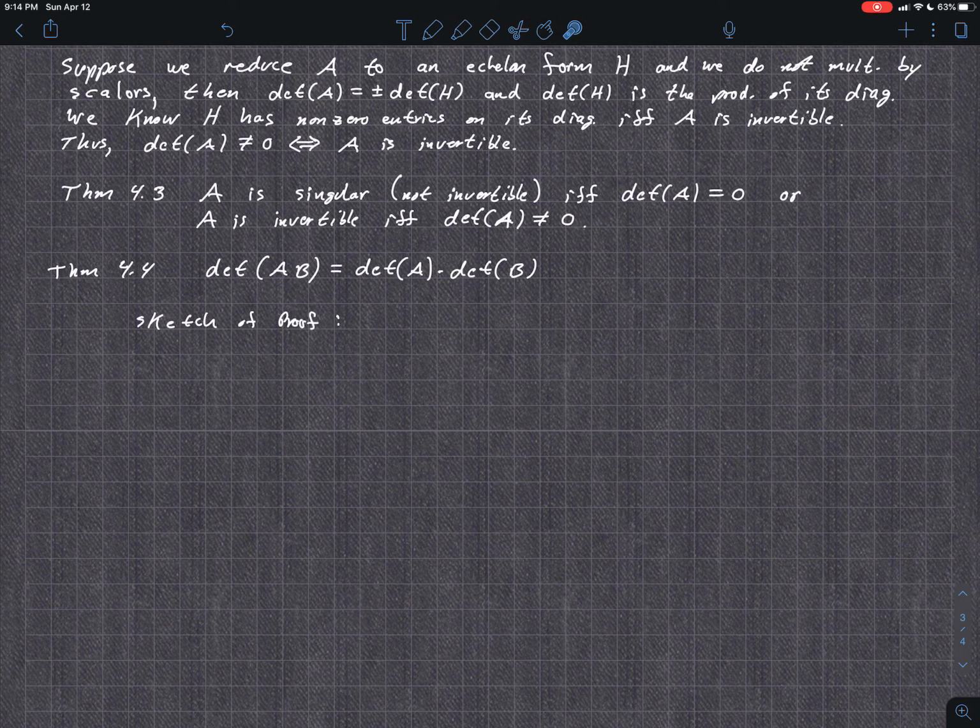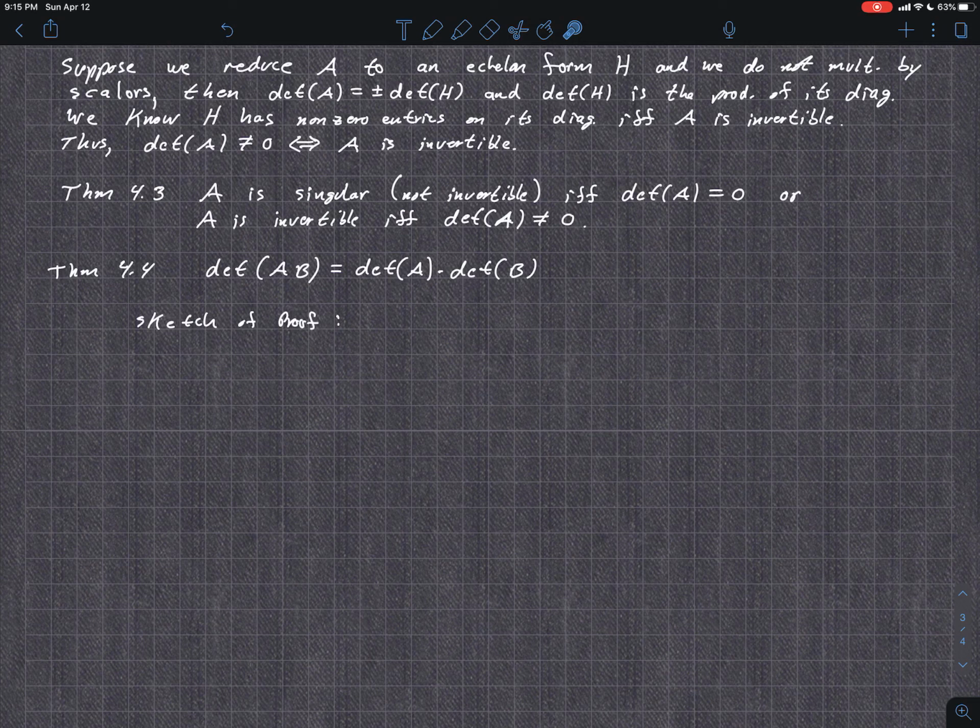Just reduce it without multiplying by constants. Then the determinant of A is equal to plus or minus the determinant of H. If you interchange rows, you might get opposites, but they're equal. That's because of all the properties we just showed above.